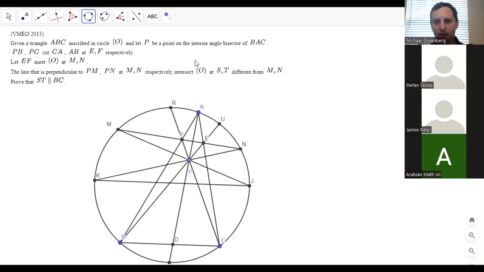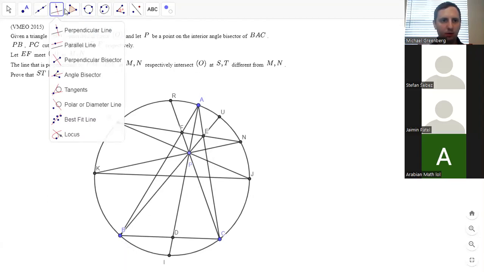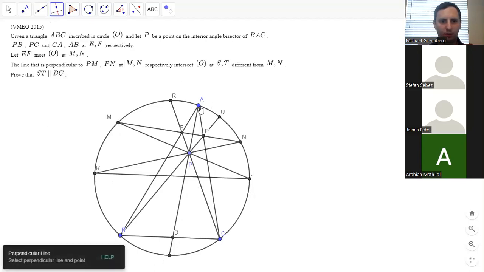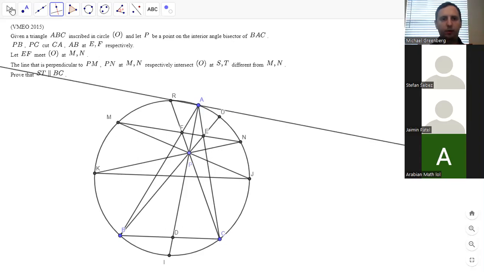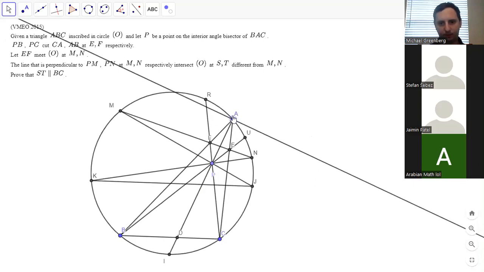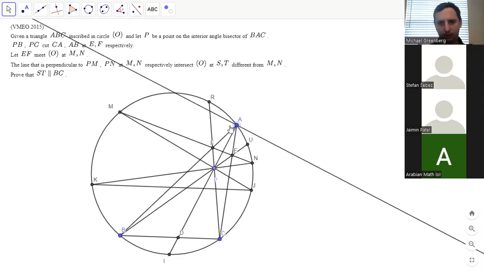MN and the A external bisector and BC are concurrent. Interesting. So yeah, they must concur pretty far away. Let's see. That's interesting information.